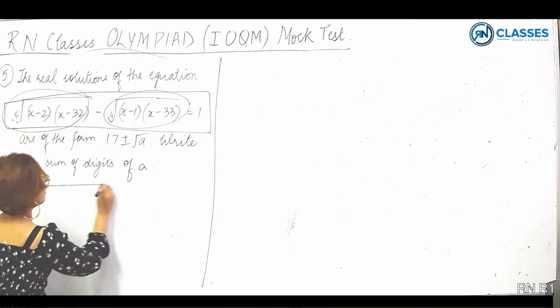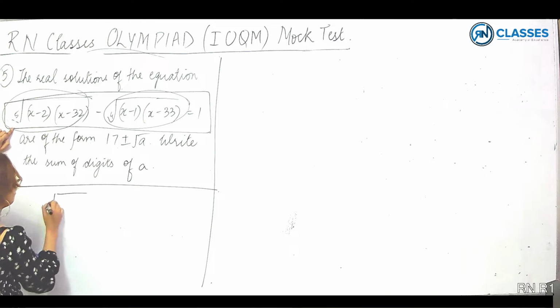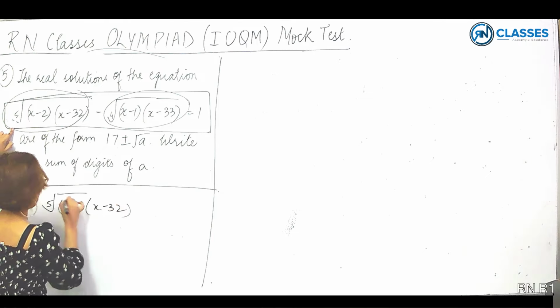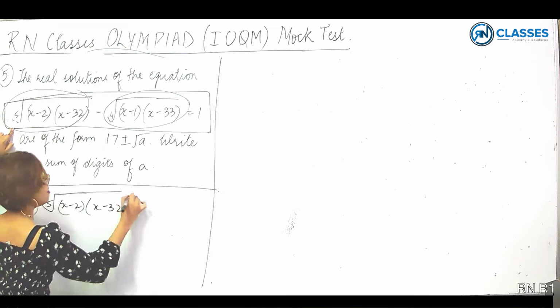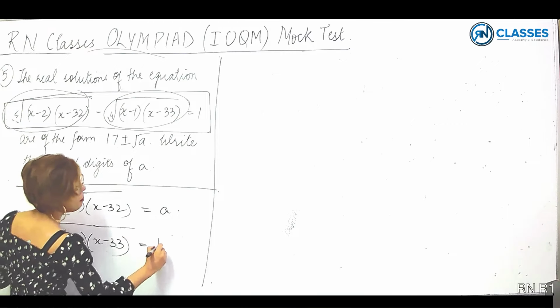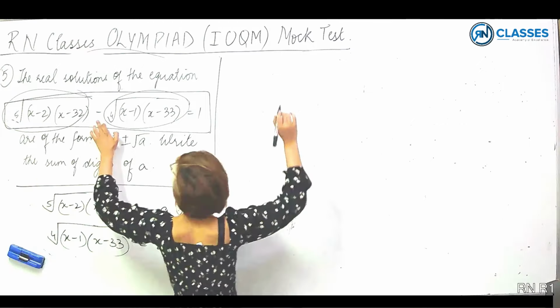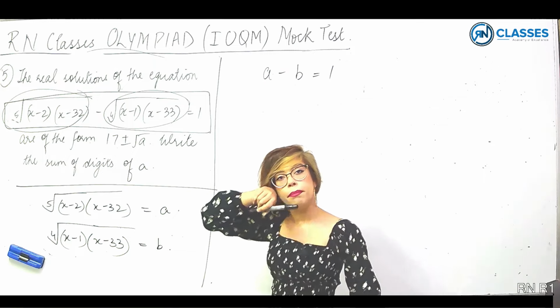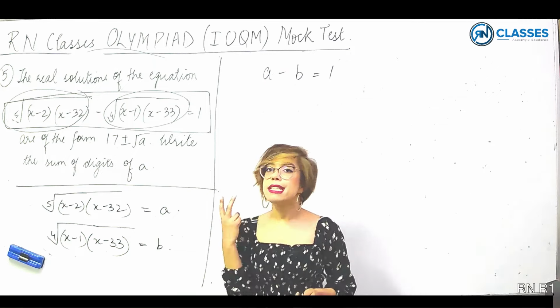So I'm taking the fifth root of (x minus 2)(x minus 32) as a, and then the fourth root of (x minus 1)(x minus 33) as b. See? That means my equation becomes a minus b is equal to 1.